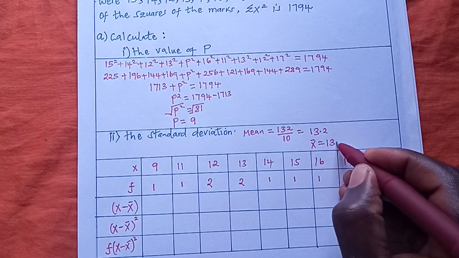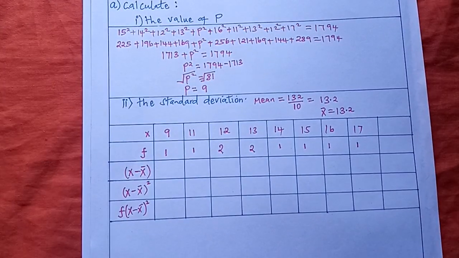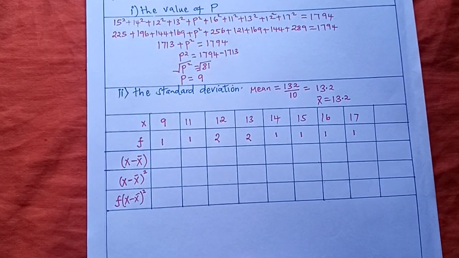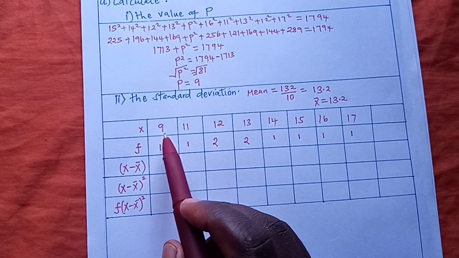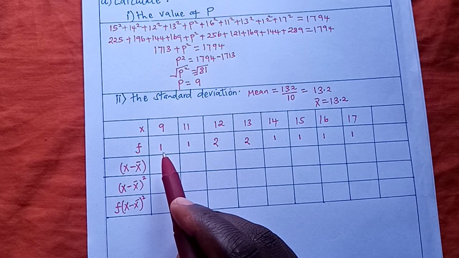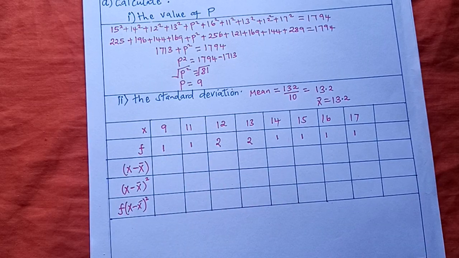So our mean is 13.2. Now we can proceed and fill the table. X in this case is going to be our mark. That is 9. We take away 13.2. I'm sorry, it is going to be 9.